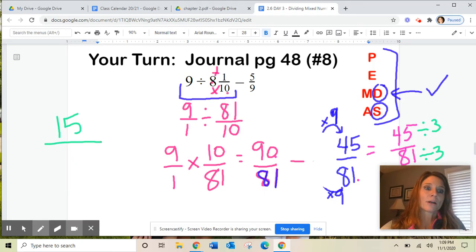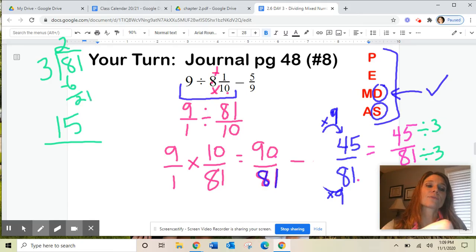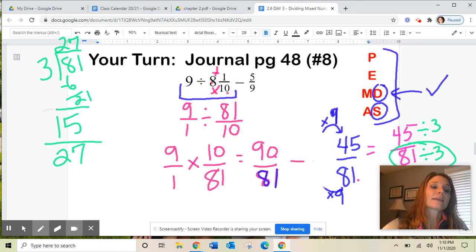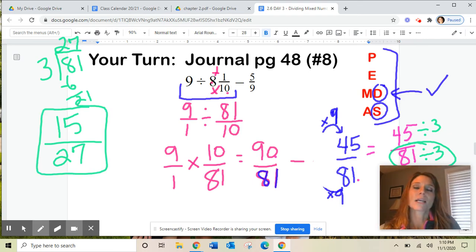And 81 divided by 3, I might need to work that one out kind of this way. 3 goes into 8 twice, and 3 goes into 7 perfectly. So 27 is my denominator because 81 divided by 3 is 27. Now, when I look at this fraction, I notice there's still common factors.